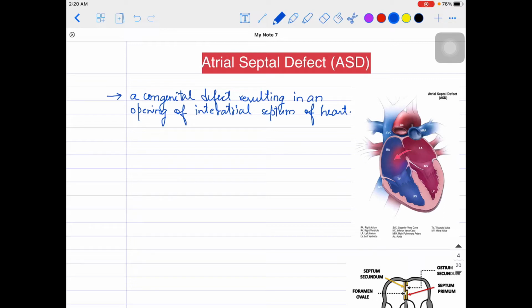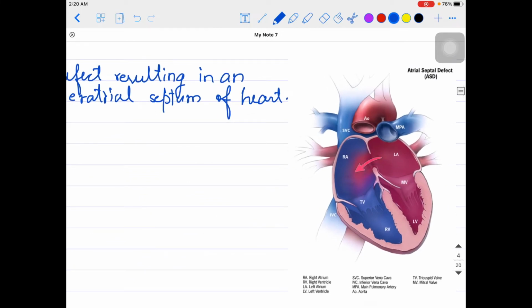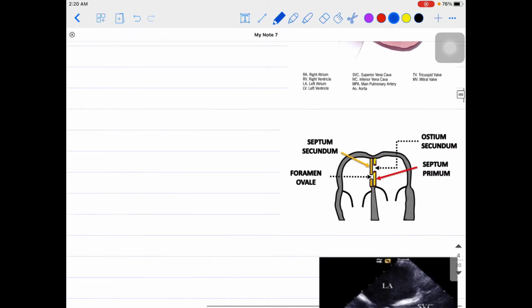Now let me explain it with the help of a diagram. With the help of a cursor I will try to explain this scenario. As you can see in red, one extension is coming downwards and one extension is coming upwards.